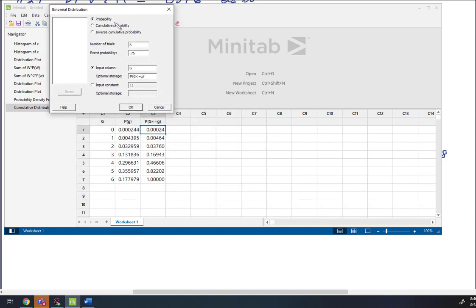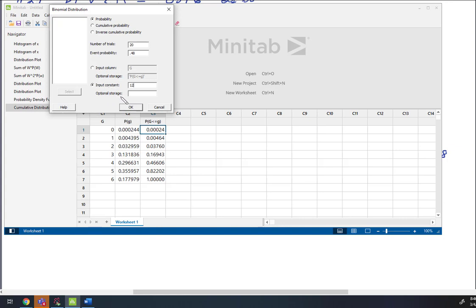Now we want equal 12, and so we want a probability, and the number of trials is not 6, but the number of trials in this problem is 20, and the probability of success is 0.48 in this problem. And I'm not going to use an input column. I just want one value, so I don't need the whole distribution. I just want to know about the input constant 12. So I'm not using input column, I'm using an input constant.